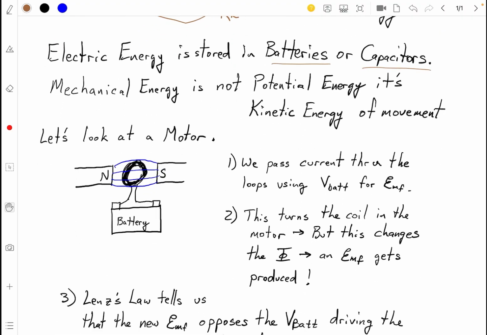And like I said earlier, the potential energy isn't really affected a whole bunch. It's really the kinetic energy of movement that's giving us this thing. So let's look at a motor. This motor has some axis right down the middle, and it's spinning with some omega through this B field, and it's charging up a battery.